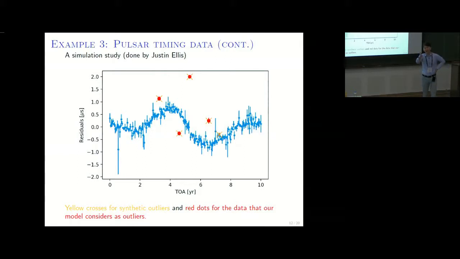Yes, I think Justin tested this morning the dirtiest data, the real data that many astrophysicists gave up trying to analyze. And it successfully accounted for most of the outliers by fitting T errors, I think. Yeah, I couldn't prepare that example because it was just done this morning.